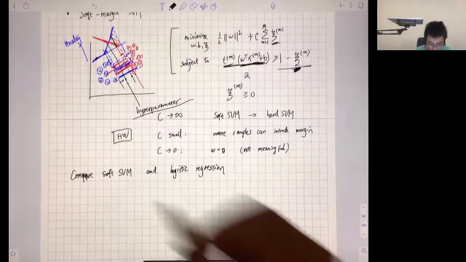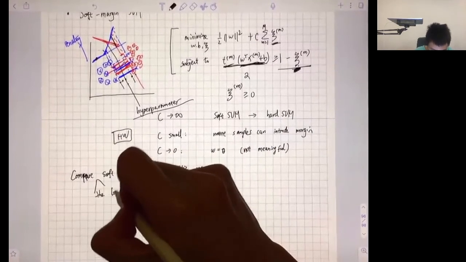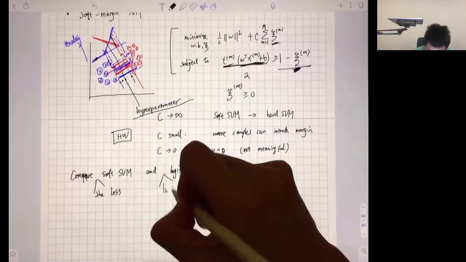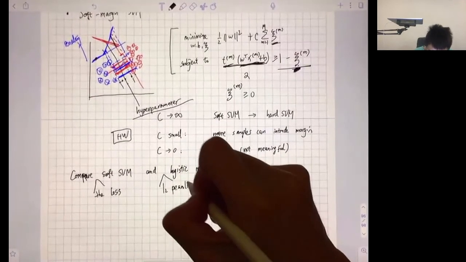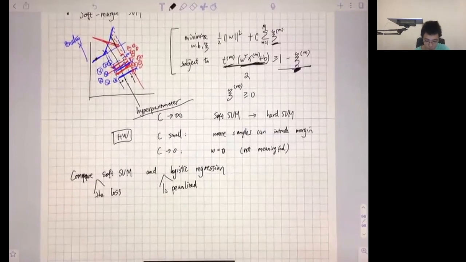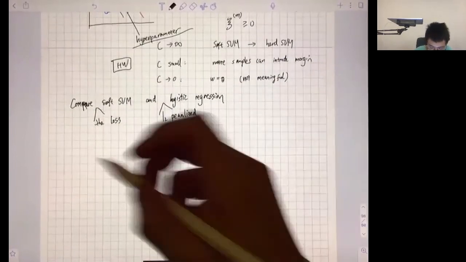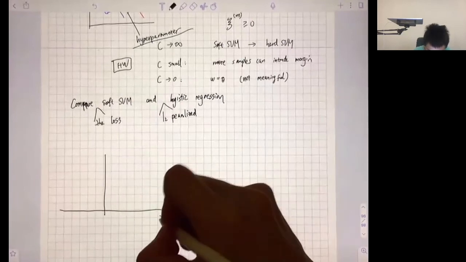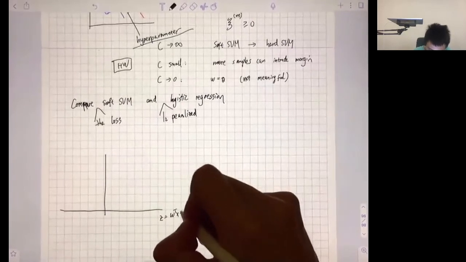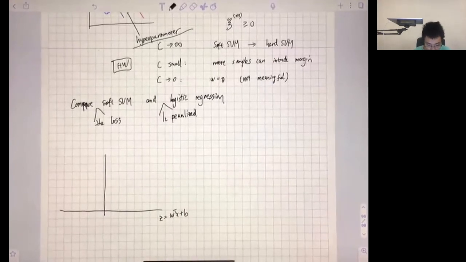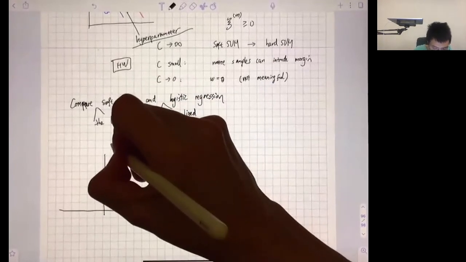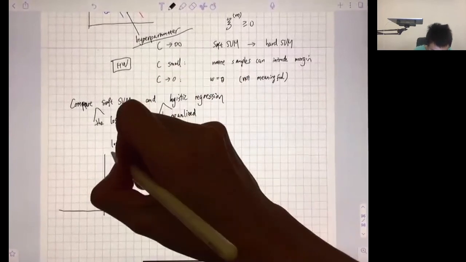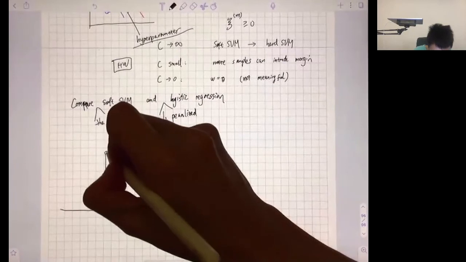In particular, the loss of SVM and the L2 penalized logistic regression. So suppose this is my z, which is W transpose X plus B, for a particular data sample. And in here, it's my loss or my error.